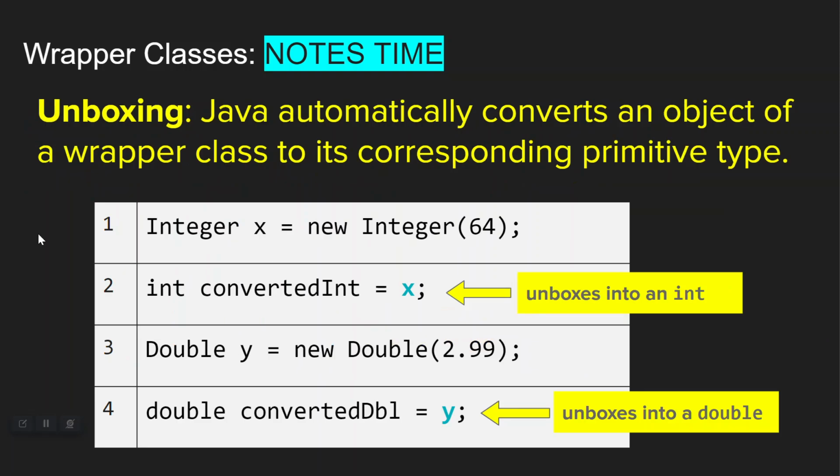And then just like you can auto-box, you can also unbox. Java will automatically convert an object of a wrapper class to its corresponding primitive data type. So down here, Integer x equals new Integer(64). So x is an object of the wrapper class.